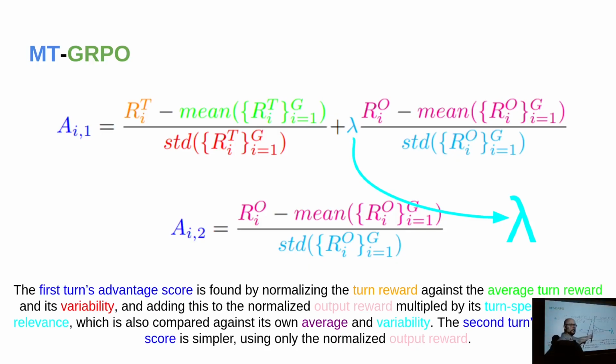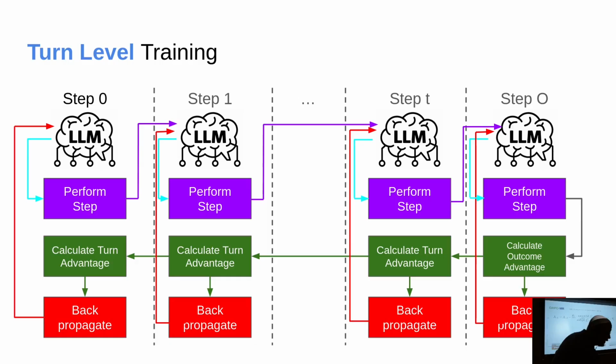That's all this is doing. It's really simple once you think about it. It's basically saying you're using GRPO on each of these agents individually and just adding a little bit of extra information of the outcome advantage way downrange in order to train the agents.